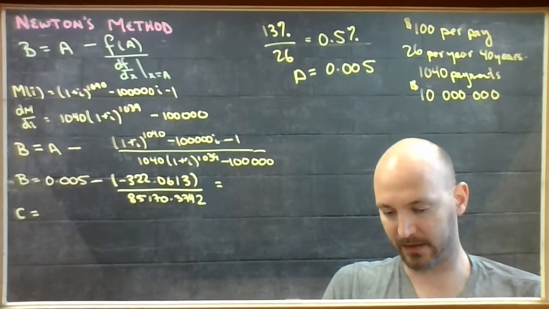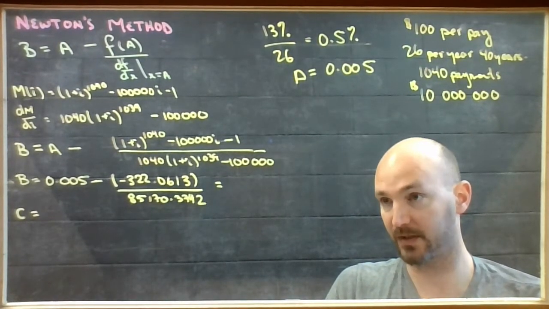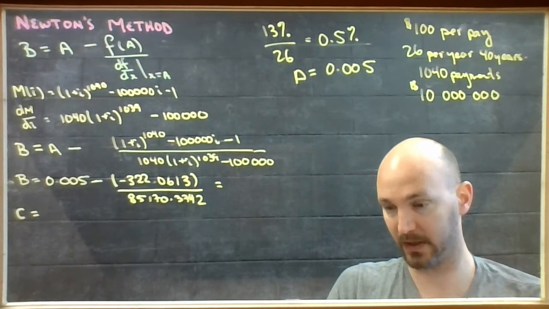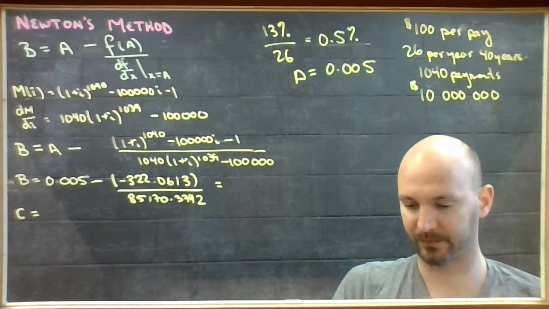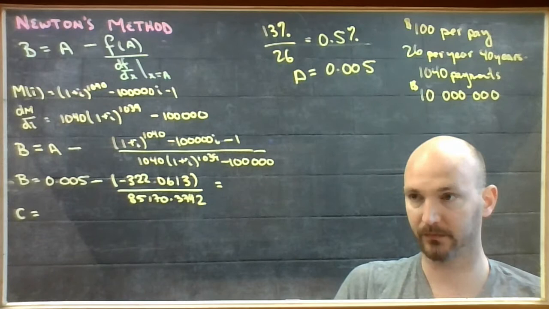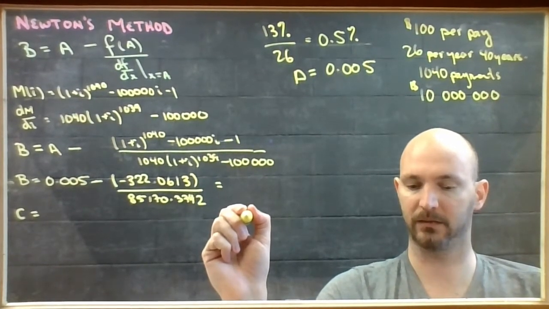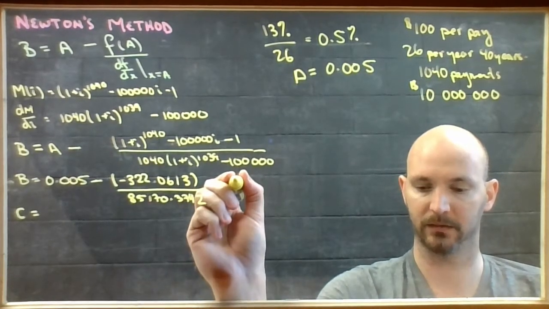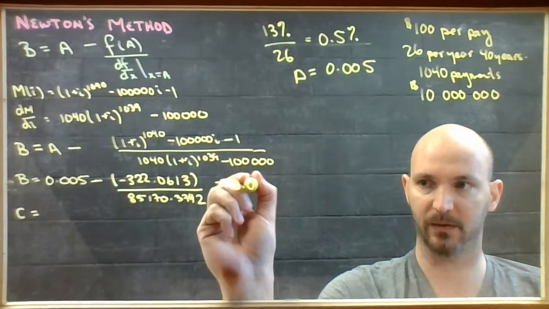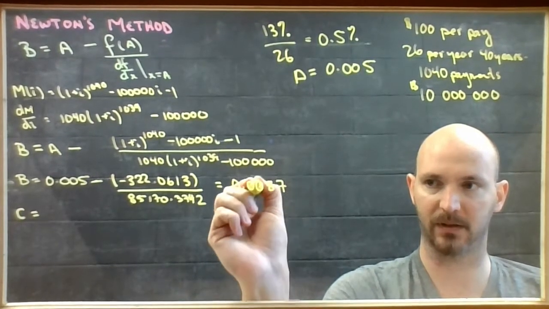So put that in the denominator, multiply it by negative 322.0613. Take my guess of 0.005 and subtract that answer, and I get 0.0087.